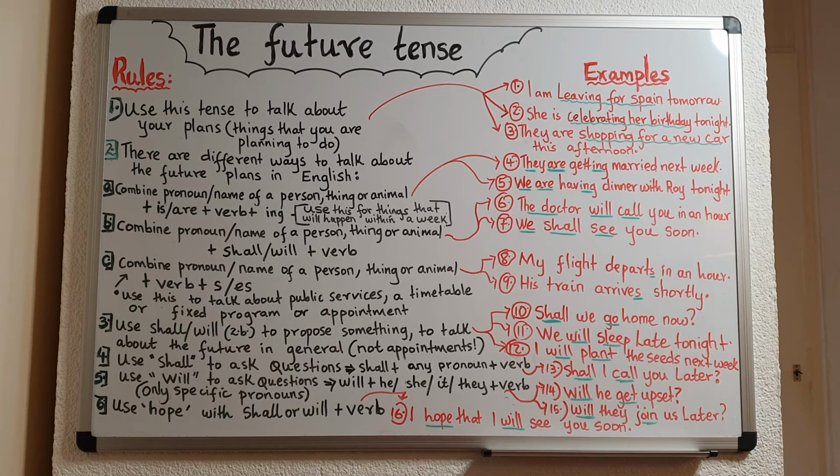So you use will there, okay, to help you to speak about the future in general. And remember, you're applying rule number 2B. So you have we as a pronoun, will, plus sleep, that is the original form of the verb.